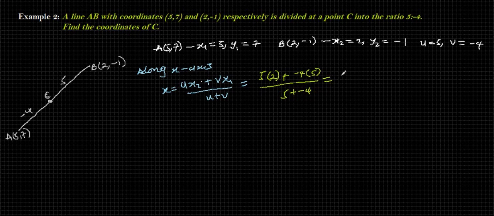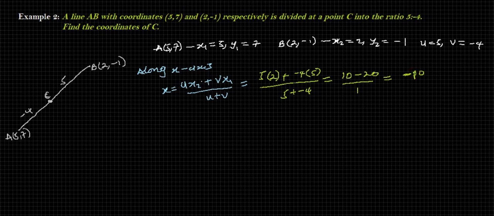So 5 times 2, we have 10, minus 4 times 5, we have 20, divided by 5 minus 4, we have 1. 10 minus 20, we have minus 10. So x is equal to minus 10.